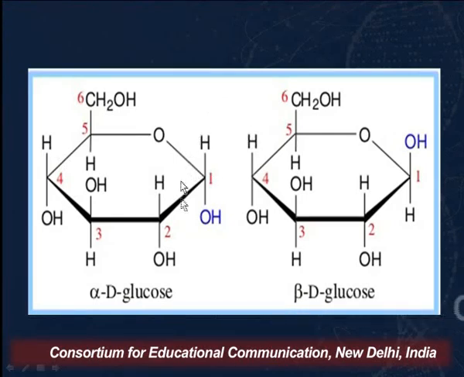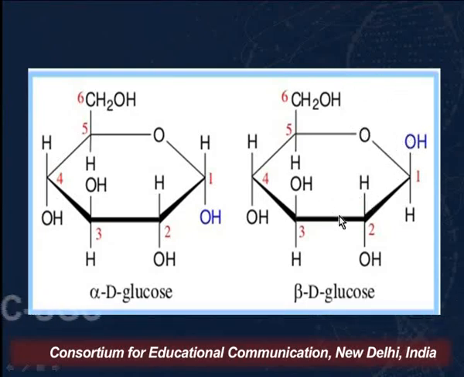In alpha D glucose, the OH is pointing down, that is, CH2OH and OH are trans to each other, whereas in beta D glucose, the CH2OH and OH are on the same side, they are cis to each other.